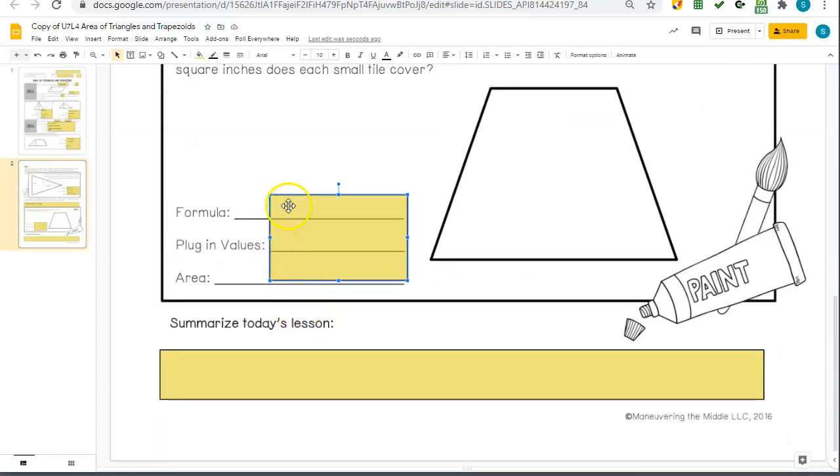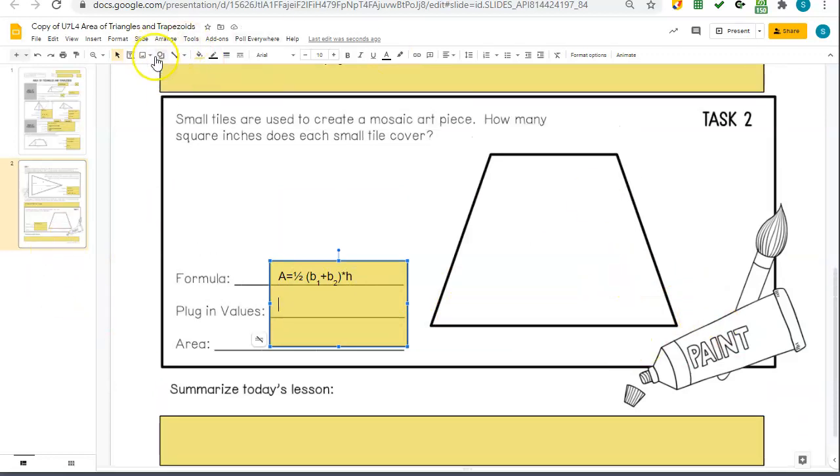Our area formula: area equals 1/2 times base 1 plus base 2, times the height. Remember our bases are the parts that are parallel.